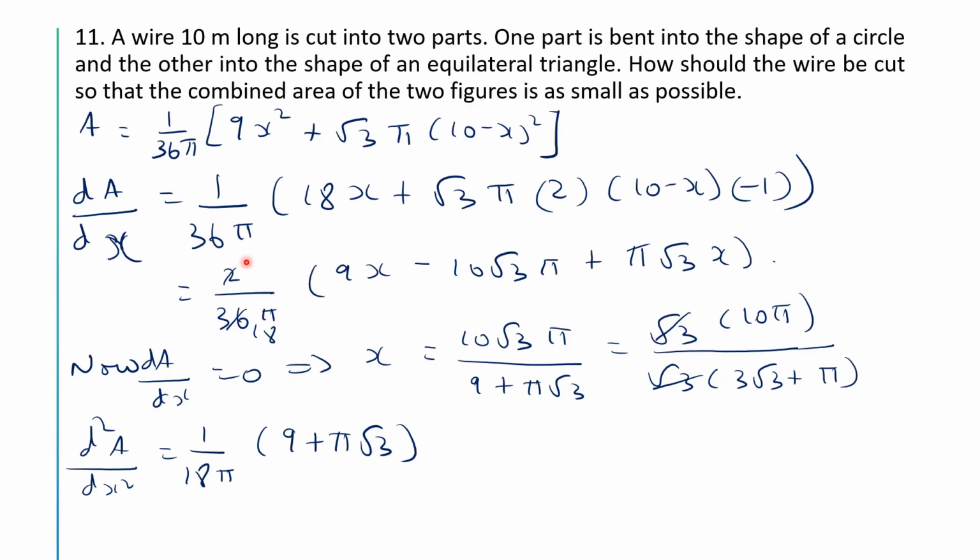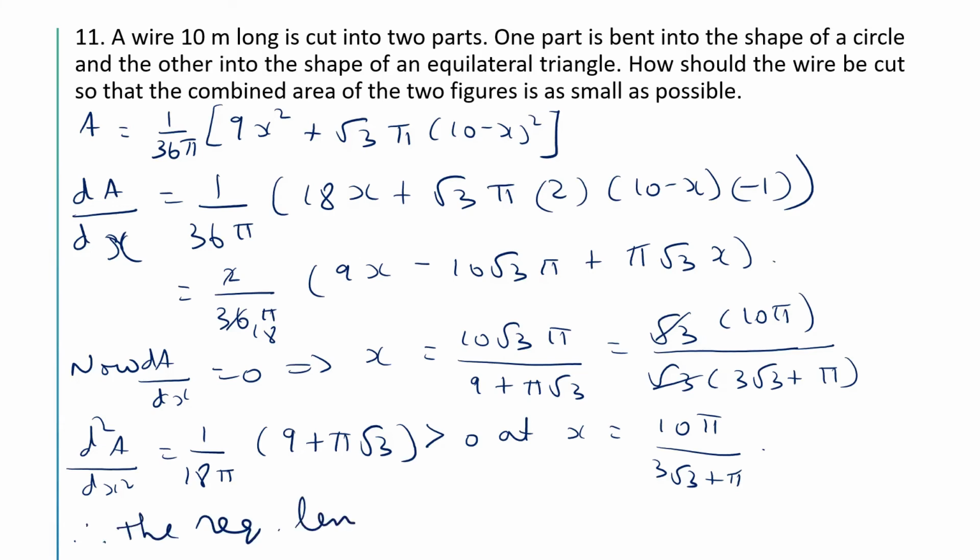So we get 1 by 18 pi into 9 plus pi root 3, which is greater than 0 at x is equal to 10 pi divided by 3 root 3 plus pi. So x is equal to 10 pi by 3 root 3 plus pi is a point of local minima.